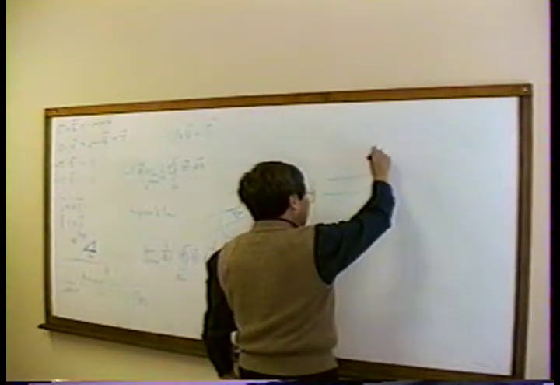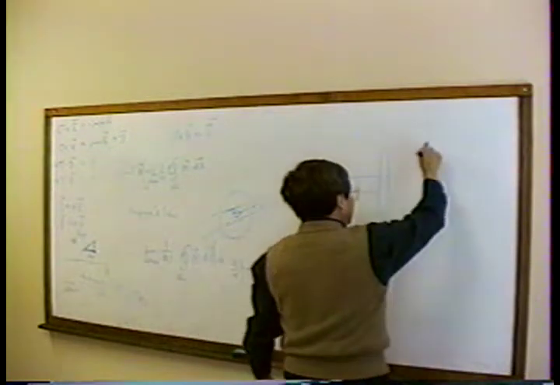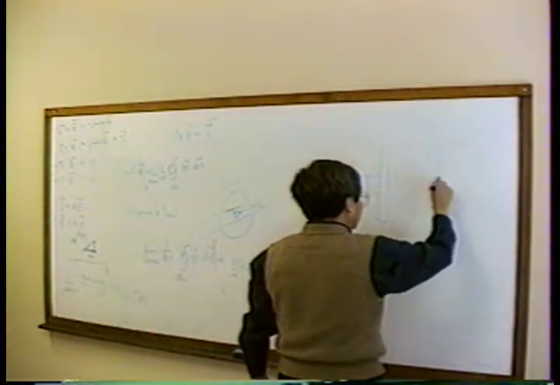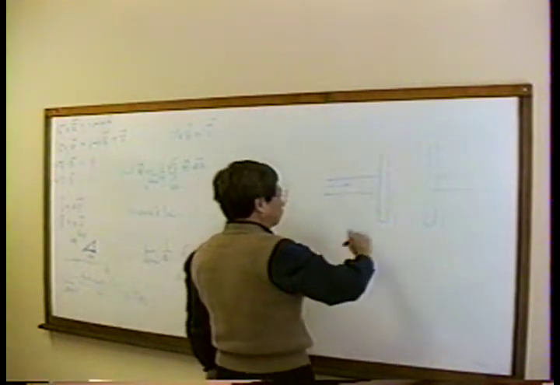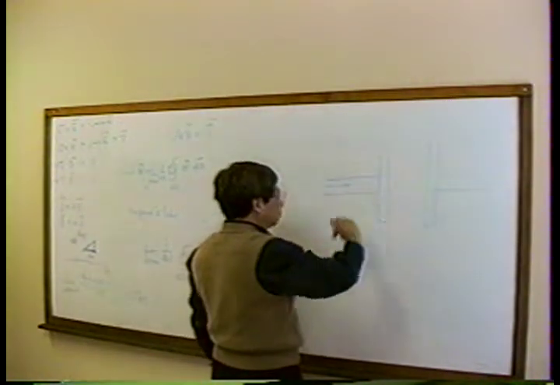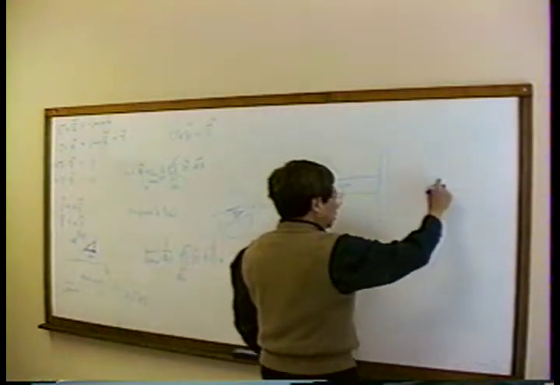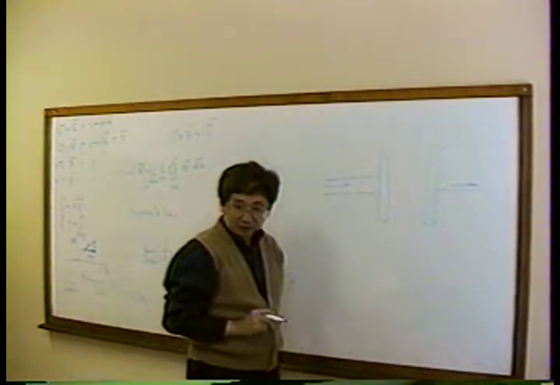Suppose that we have a capacitor here, and a current flowing this way. If this current is increasing, that current is equal to that current, right?